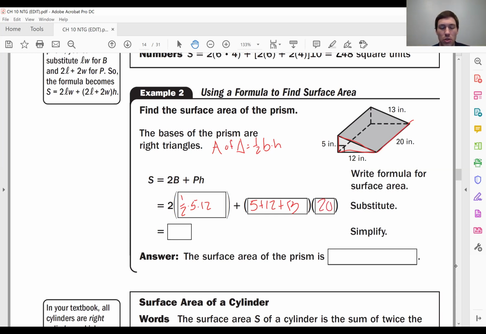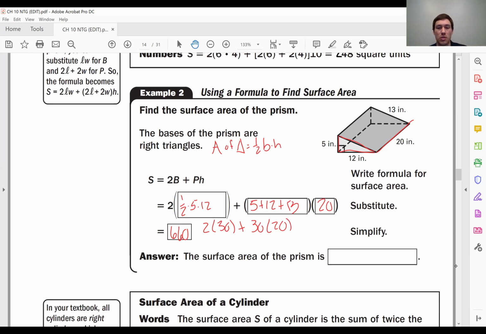And if we do all the math there, you end up getting 660. Because half of 12 is 6 times 5 is 30 plus 5 plus 12 plus 13, that's 30 times 20.